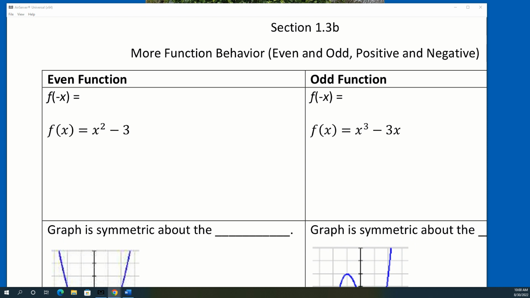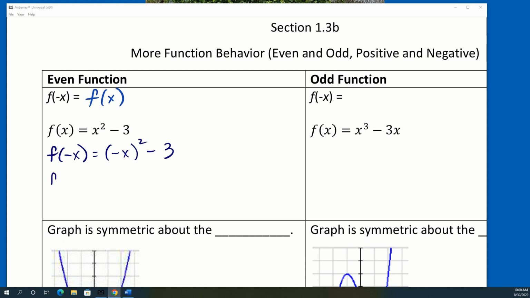So a function is going to be an even function when you plug in negative x and you get the exact same thing as the original function, same thing as f of x. All right, now this one is a lot like the one you guys did. So it is an example of an even function because we can put negative x in for x.